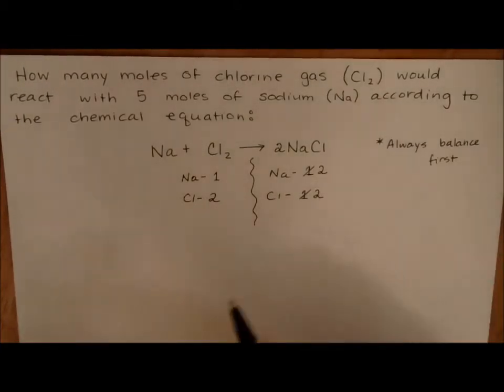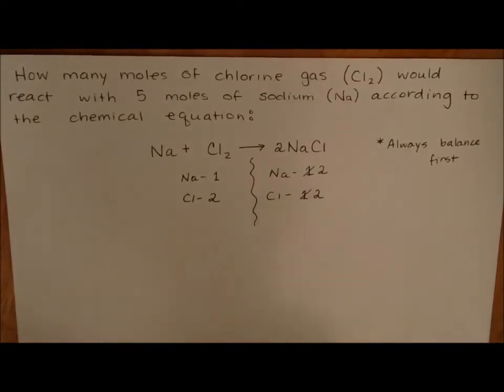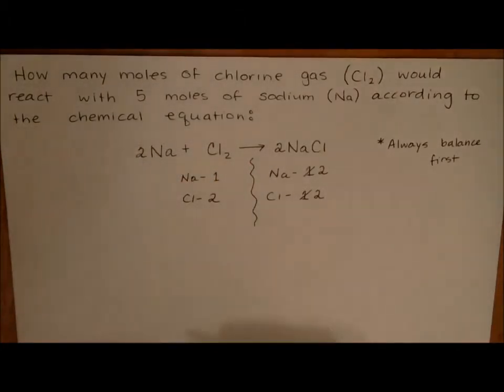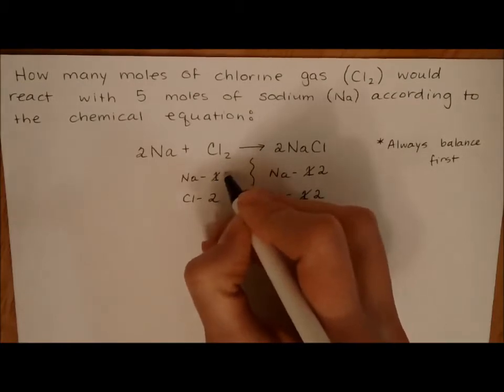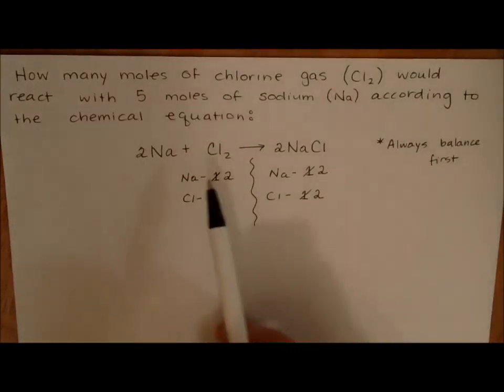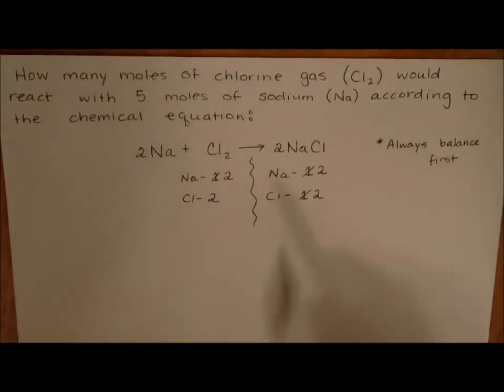Alright, so now I look over here and I realize, well, by fixing the chlorines, I actually messed up my sodiums, but that's okay, because now what I can do is I can put a 2 in front of the sodium, and that fixes everything. My equation's balanced now because I have the same number of sodium atoms and the same number of chlorine atoms on each side.